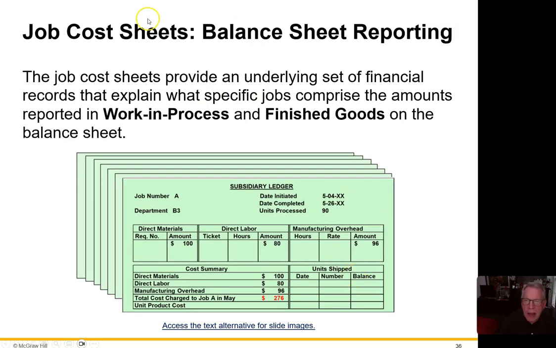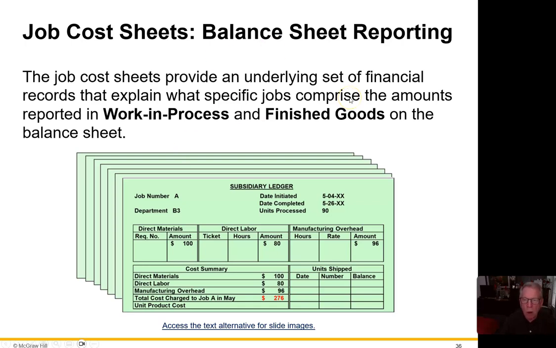And now the balance sheet reporting: the job cost sheets provide the underlying set of financial records that explain what specific jobs comprise the amounts reported in work in process and finished goods inventories on the balance sheet.